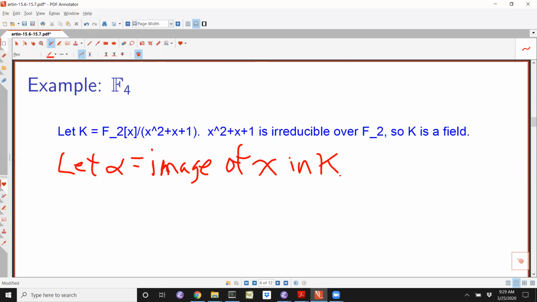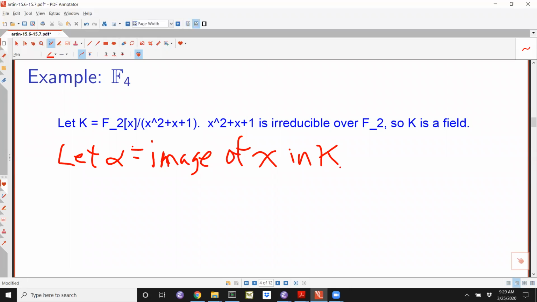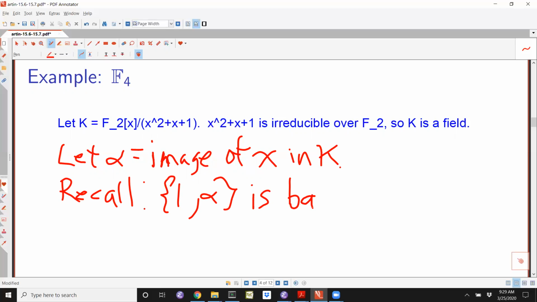In that case, recall from results we've mentioned a couple of times but are worth repeating: because the degree of our irreducible is 2, the dimension is 2, and 1, alpha is a basis for K over F2.